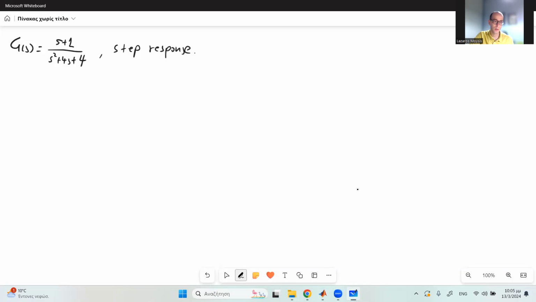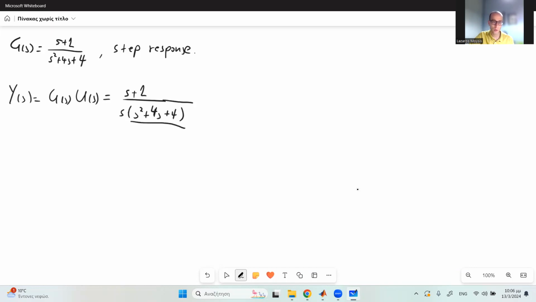Now let's start solving this system to see what happens. The Laplace of the output is the transfer function multiplied by the Laplace of the input, which will give me (s plus 1) over s multiplied by (s squared plus 4s plus 4).